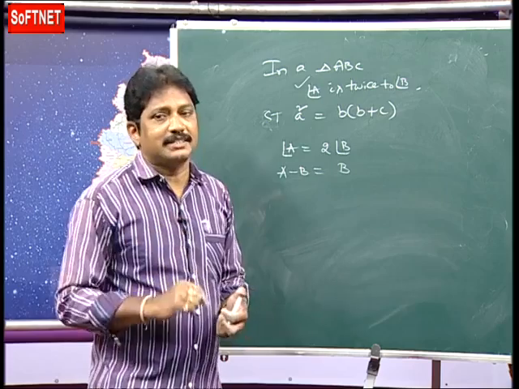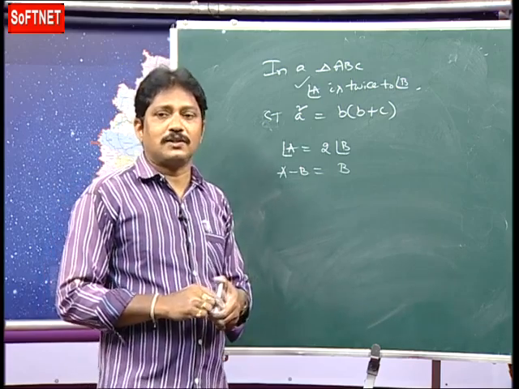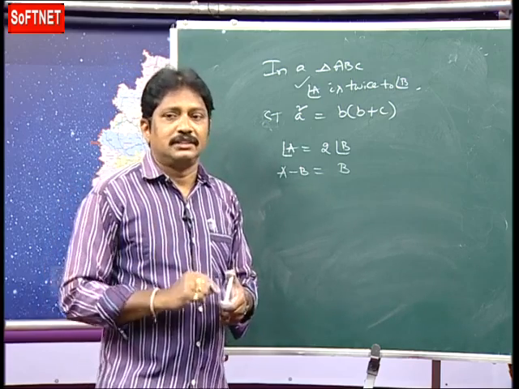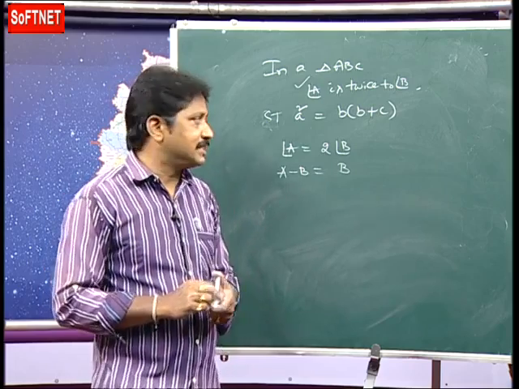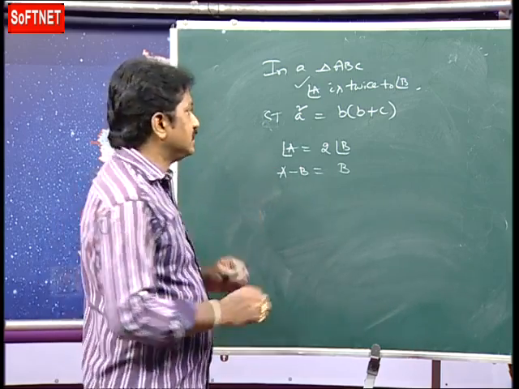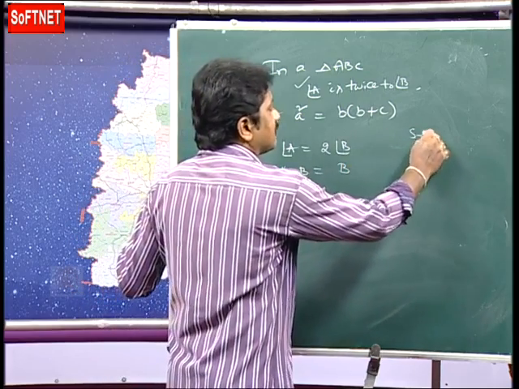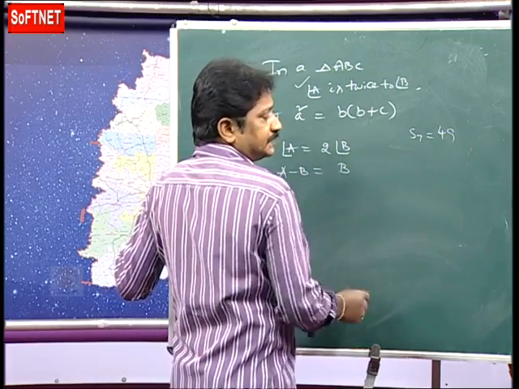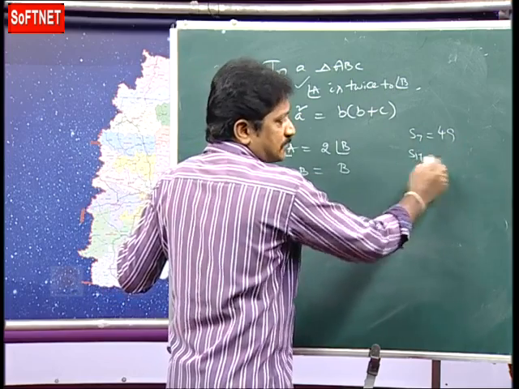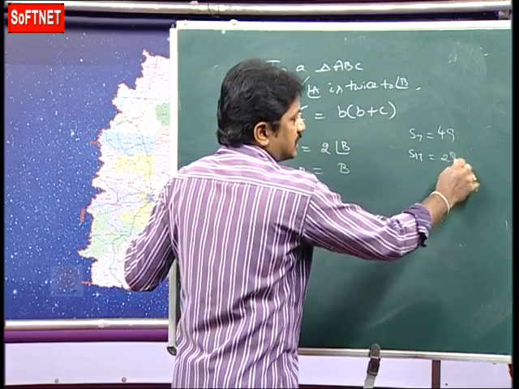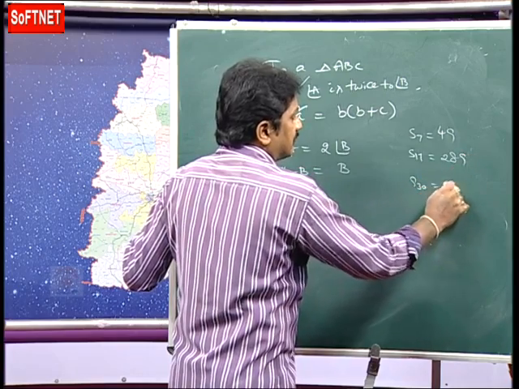I will give a small example. In the examination in 2015, we gave one question in the progression chapter: the sum of 7 terms of an arithmetic progression is 49, and the sum of the first 17 terms is 289. Then find the sum of the first 30 terms.